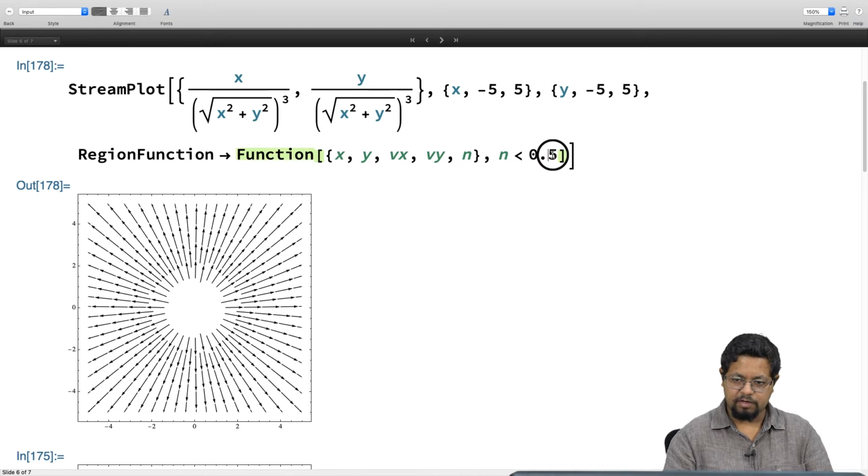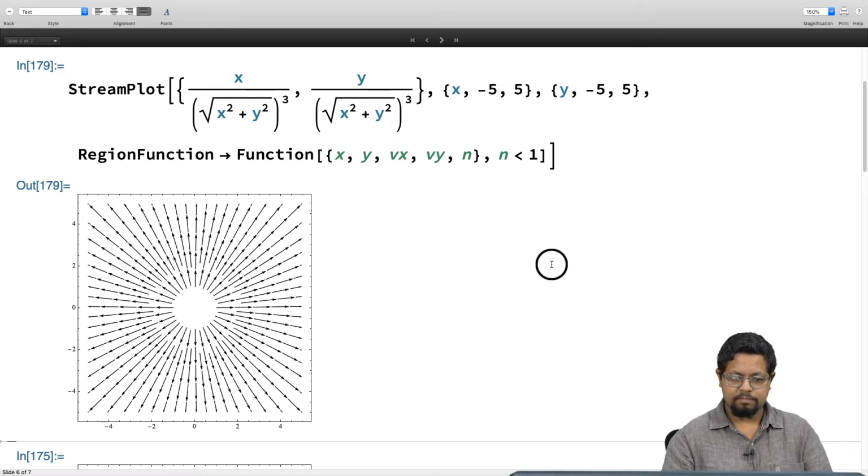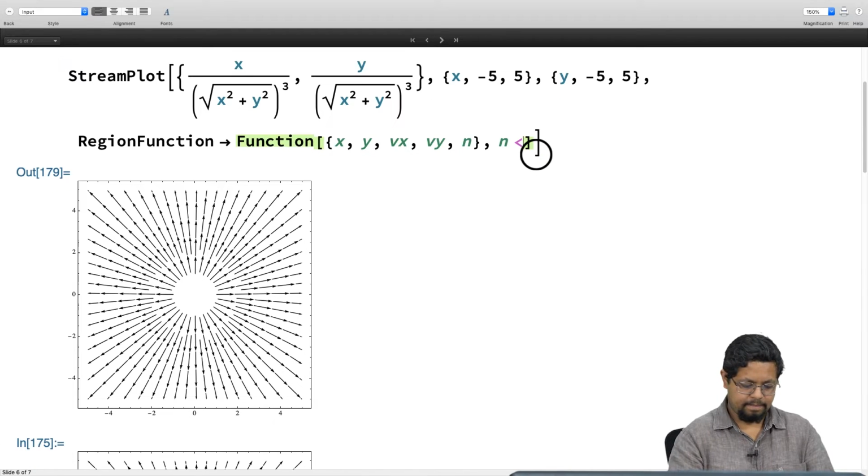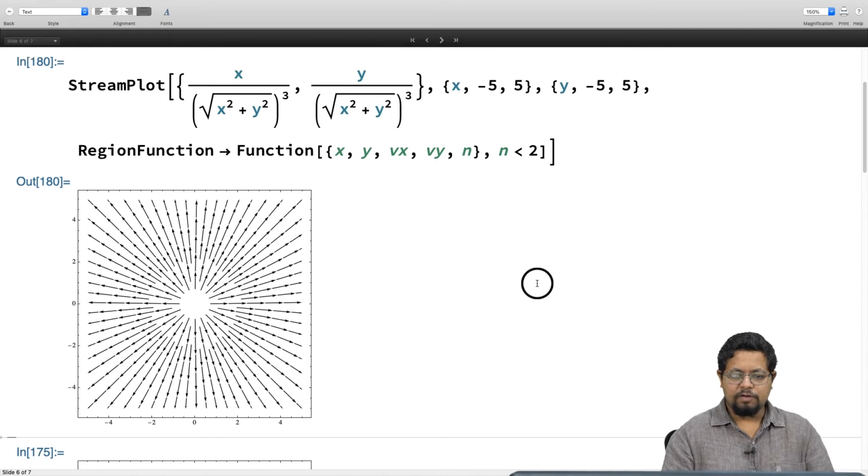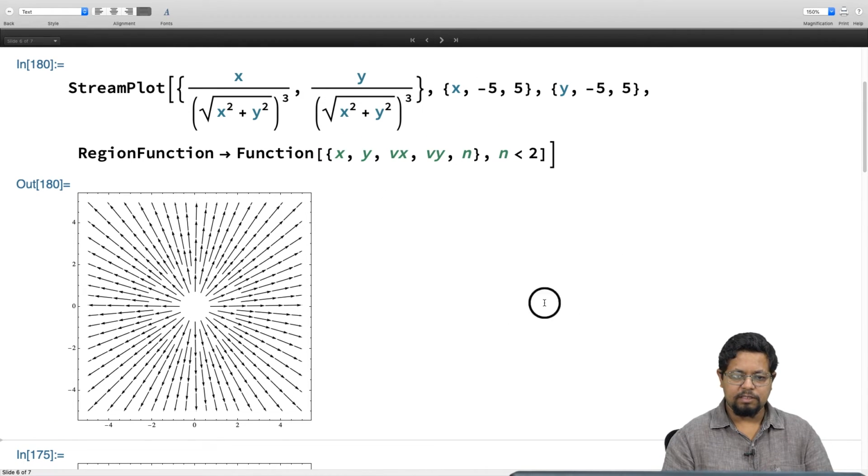Yeah, bigger value. We have to go to n less than, let's say, 1. There we go. So that's an example of electric field lines for a single charged particle, where the charged particle is placed at the origin.